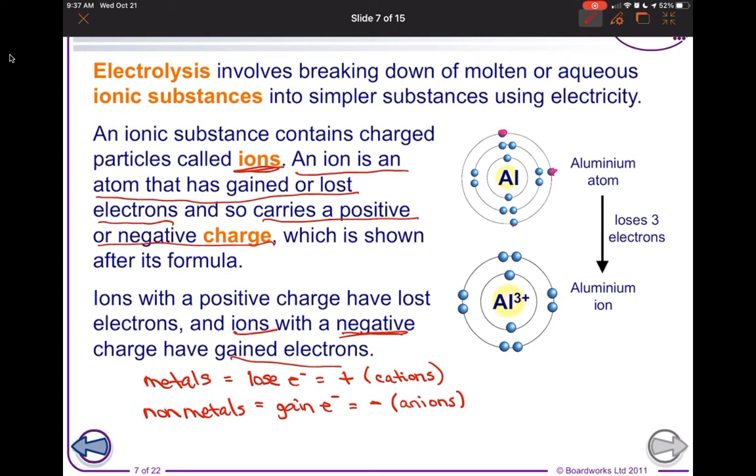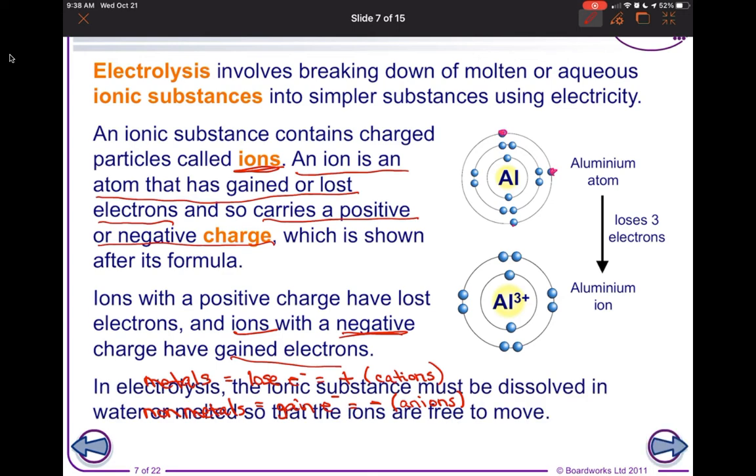All right. So with electrolysis, we have to either dissolve one of our substances in water or melt it. When we dissolve or melt, this allows these ions to move freely. That is so incredibly important. Write that down.